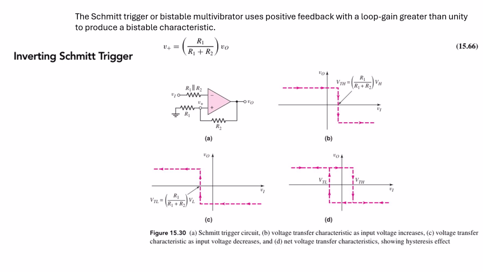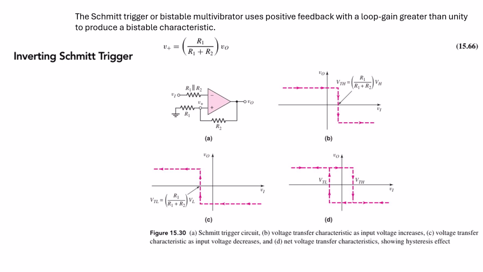And see the third graph, it is showing the voltage transfer characteristic as the input voltage decreases. If you keep on decreasing your input voltage, then if the input voltage is lesser than the threshold voltage, your output is high.